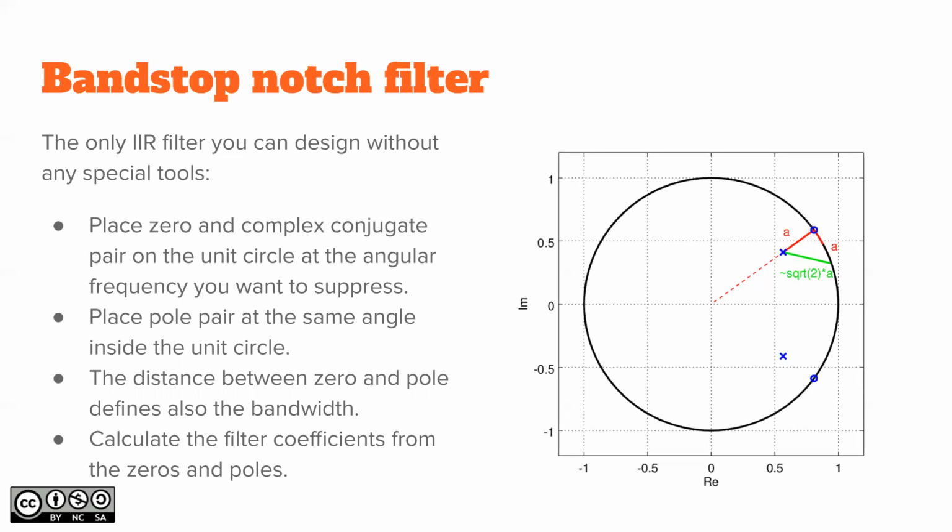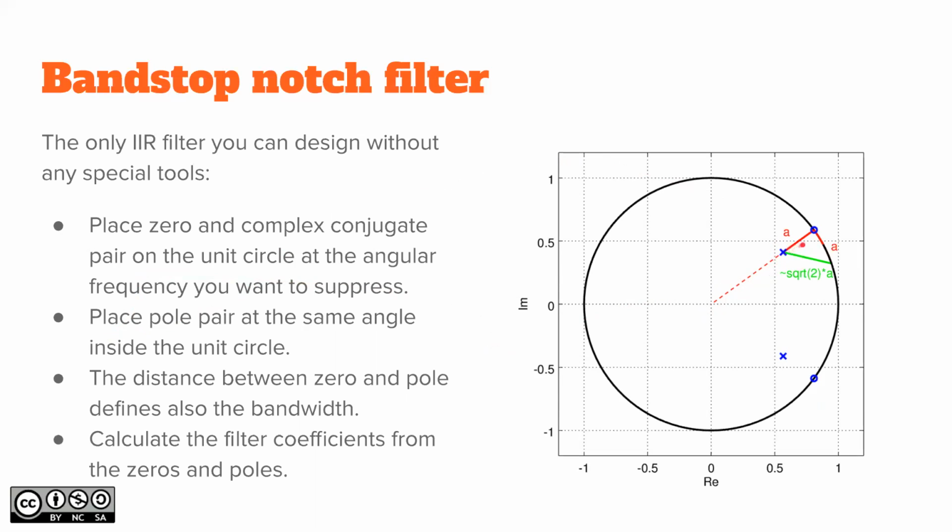Okay, what comes to the example on direct design, bandstop notch filter. You start with a point on the unit circle. You know that there the amplitude response goes to 0. We have practiced that one already. But at the same frequency, you can put a pole.